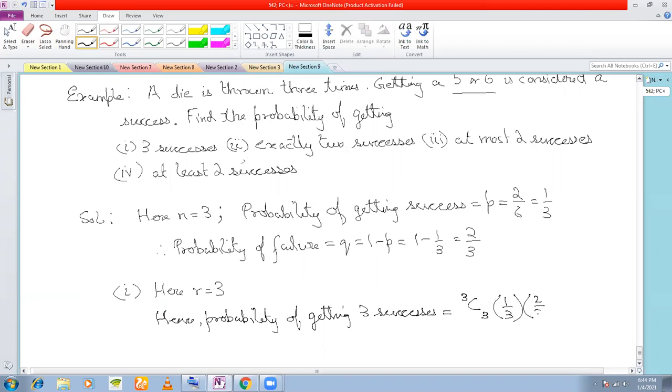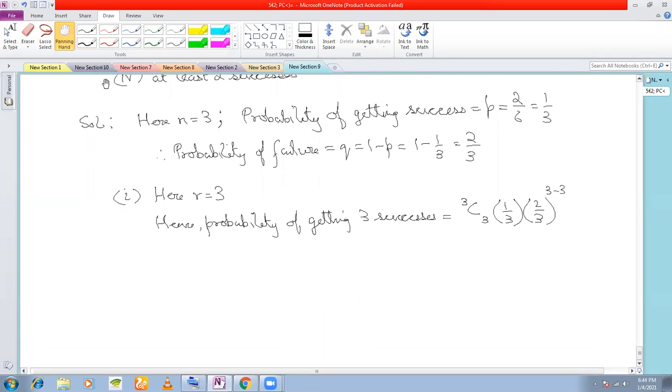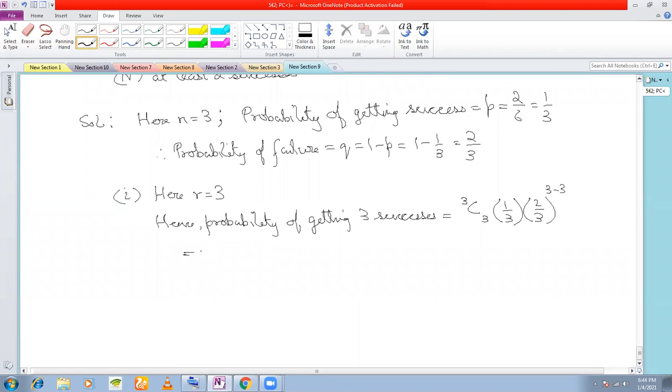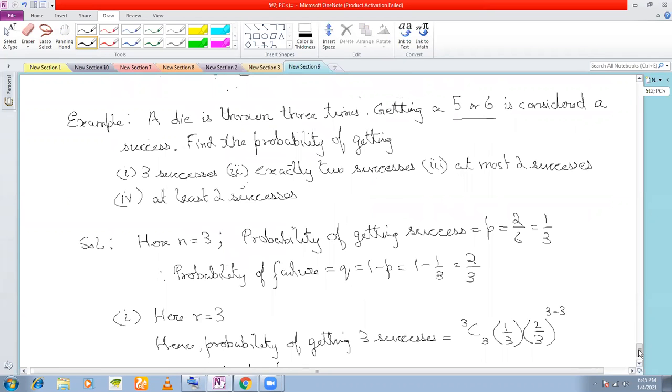What is q? q is 2/3. n is 3, r is also 3. That's it. Now you just calculate. 3C3 is 1, times 1/3 cubed, and 2/3 to the power of 0 is also 1. So clearly the probability of getting 3 successes is 1/27. Clear? Yes, sir. Let us see the next question.